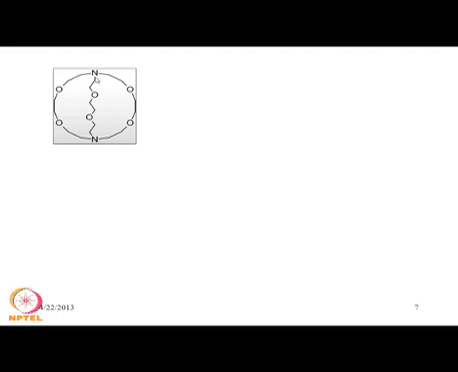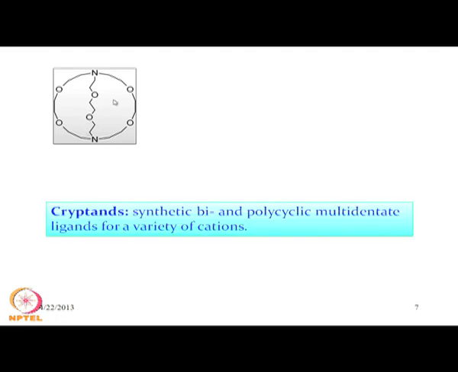So, we have one cycle and this is another cycle. This is basically a bicyclic ligand, and these types of molecules are known as cryptands, and these cryptands are synthetically prepared. It can be bicyclic or also polycyclic. So, it is useful for binding a variety of cations, and it is bidentate and polydentate in nature.